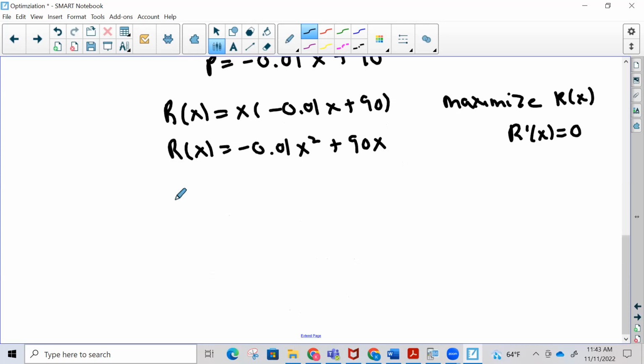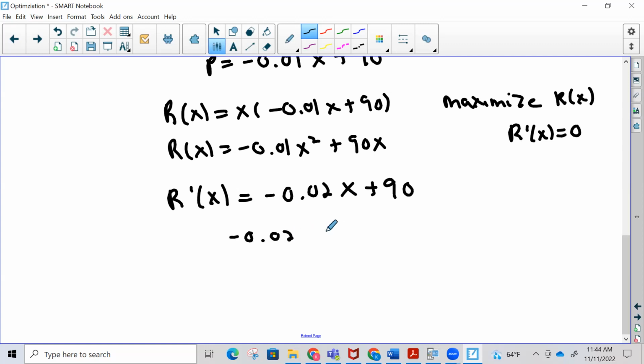We're going to take the derivative. We're going to set the derivative equal to 0. So we get -0.02x equals -90, and we get the average attendance to be a max at 4,500.